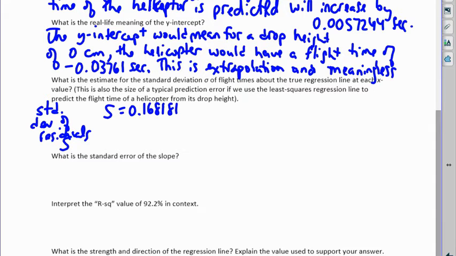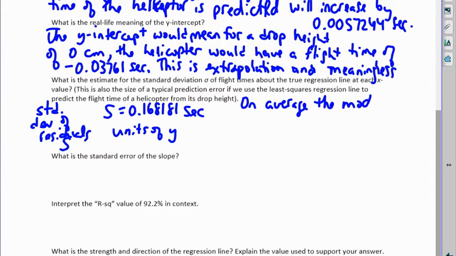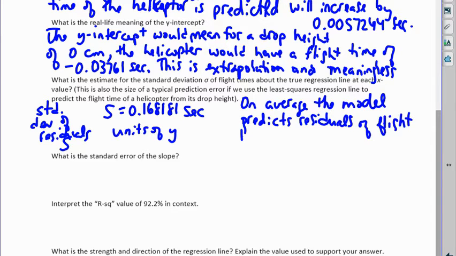The residuals should match the units of Y. So that is going to be seconds, okay, because it's the units of Y. So on average, the model predicts residuals of flight times of 0.168181 seconds.